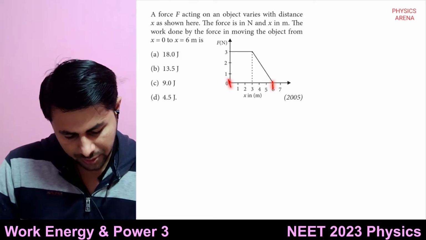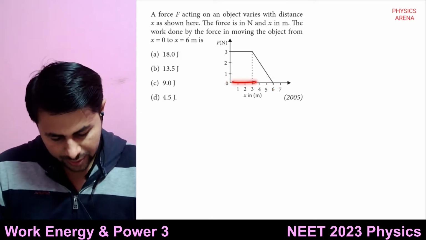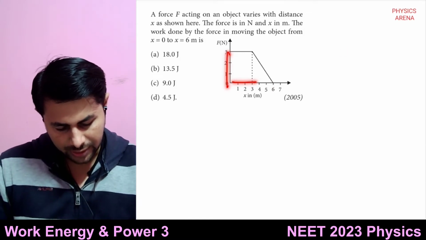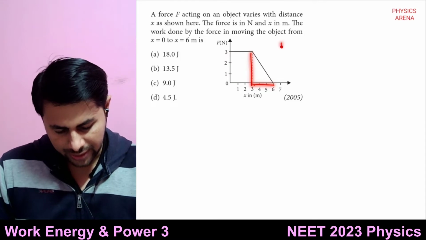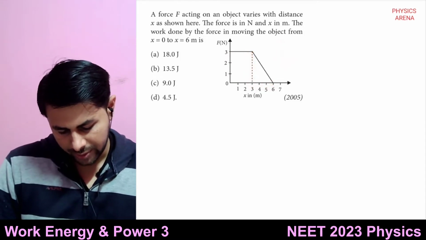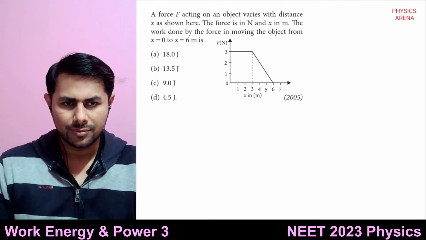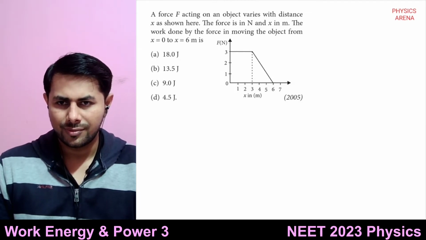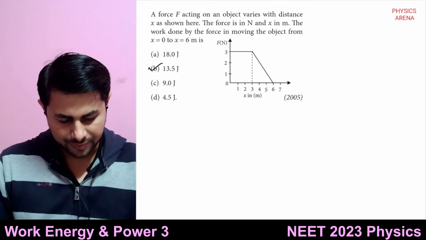So this is a similar question. So 3 times 3, 9, plus half of 3 times 3, 4.5. So 9 plus 4.5, 13.5. Okay, so option B is the answer.